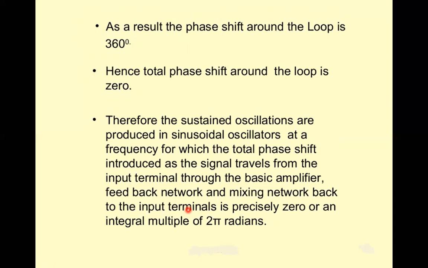Therefore, the sustained oscillations or undamped oscillations are produced in a sinusoidal oscillator at a frequency for which the total phase shift introduced as the signal travels from the input terminal through the basic amplifier, feedback network, and mixing network back to the input terminal is precisely 0 or an integral multiple of 2 pi radians. It means it is 360.